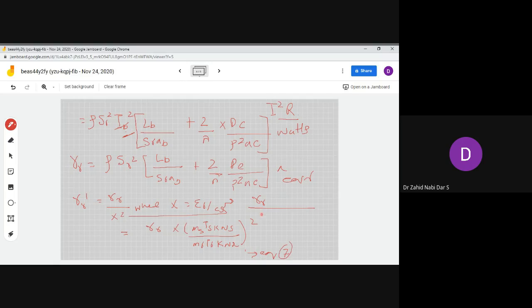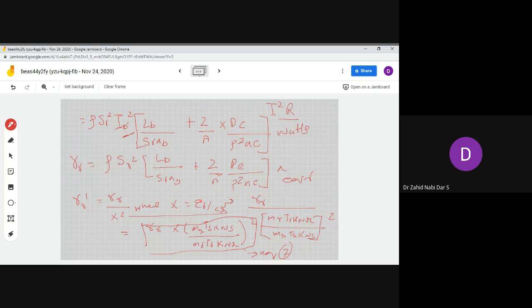Here you can see that I directly wrote RR. You can divide this RR by X square, that is, you write MR TR KWR over MS TS KWS, whole squared. Then you come to this step.